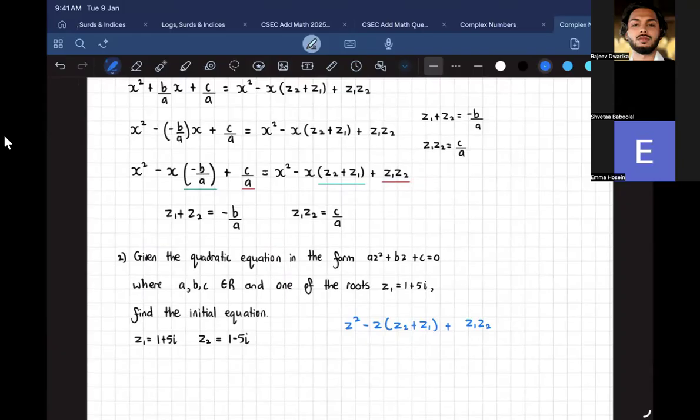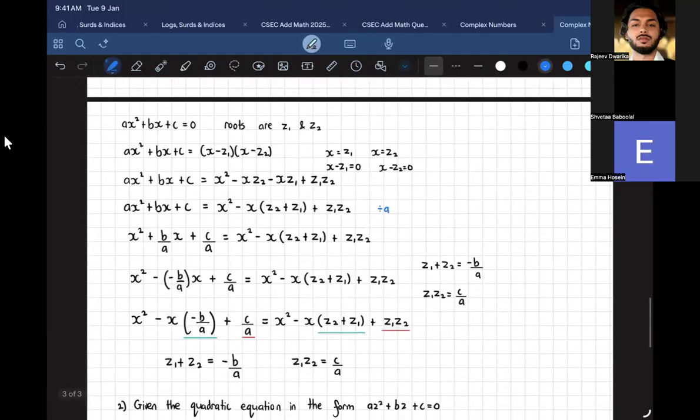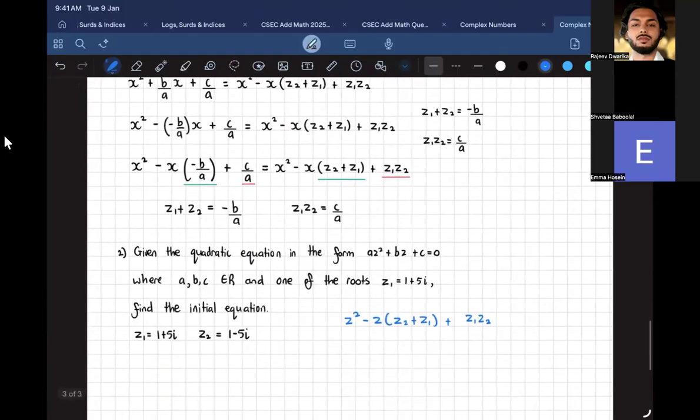At first it would be unfamiliar to my eye, but eventually I'll get the hang of it. That's why I used x here. Are you accustomed to seeing x? But the standard, the formal thing to do, is to use z when dealing with roots here. You wouldn't really see x in complex numbers.